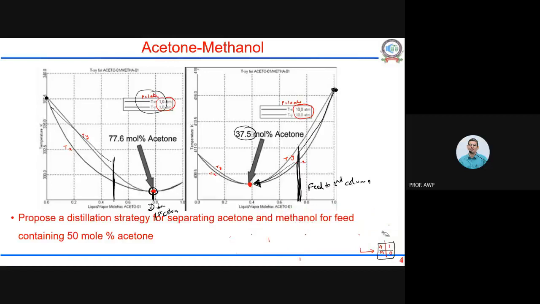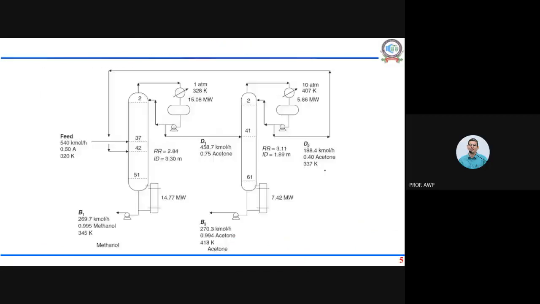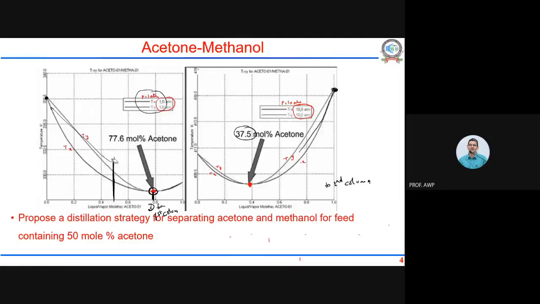Let's do that, 10 atmosphere first. So we take a column. This first column operates at 10 atmosphere. We are having 0.5, 0.5 acetone and methanol.